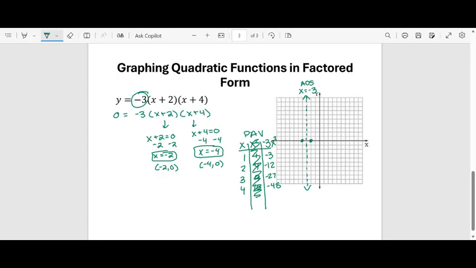And now we can go ahead and work backward to figure out where our vertex is. So from each of these x-intercepts, I know I'm 1 square away from center. So if I am 1 square away from center, I had to have gone down 3 to get to those points. So to go backward and get my vertex, that means I need to go up 3 squares to get to my vertex.